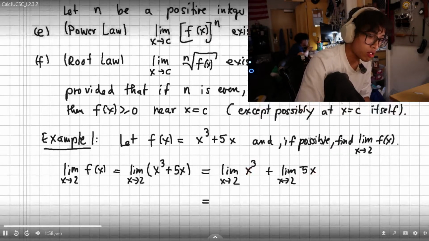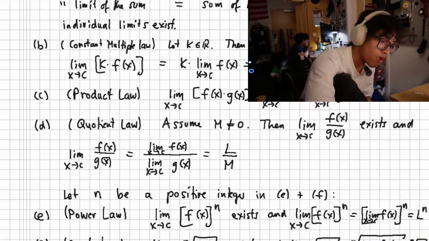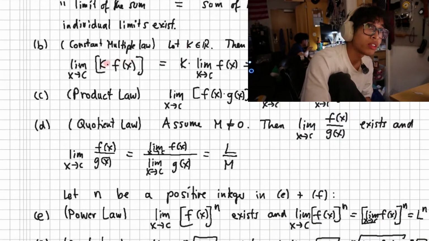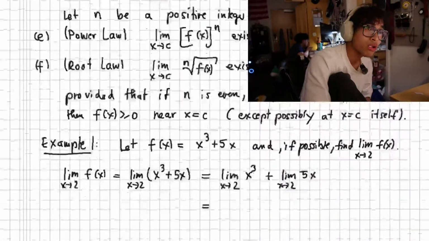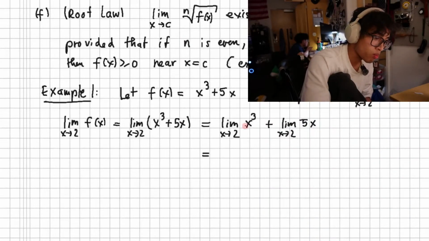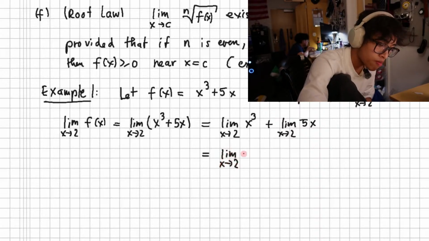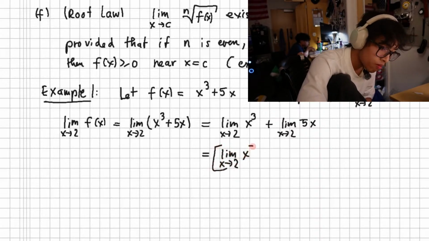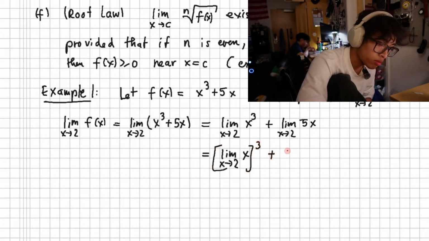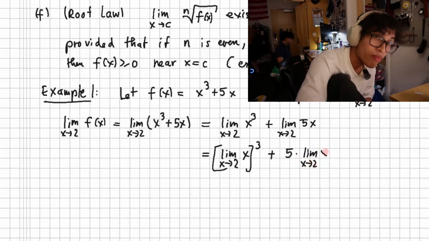This is 5 times x, which is really an instance of the constant multiple rule or law. So I can rewrite this as the limit as x approaches 2 of x to the third power plus 5 times the limit as x approaches 2 of x.